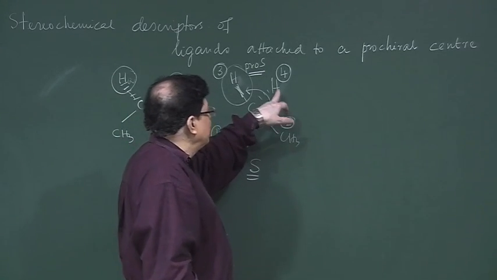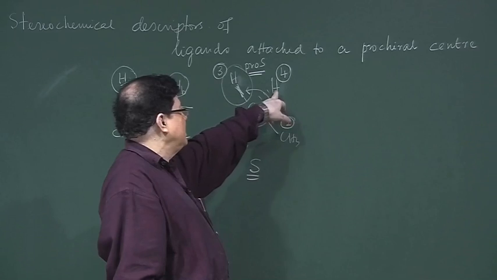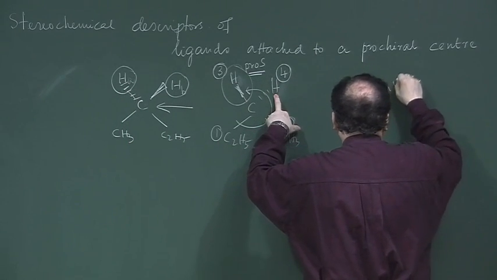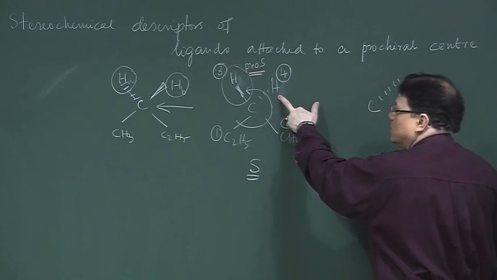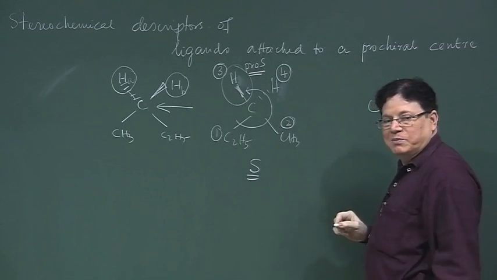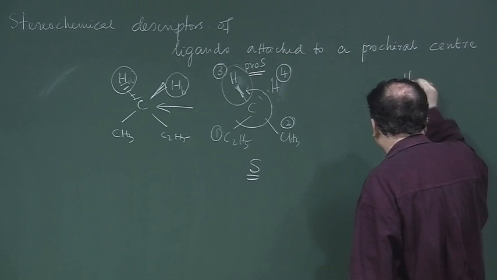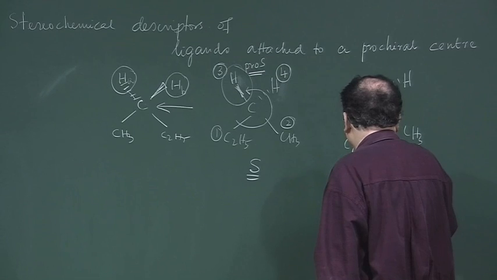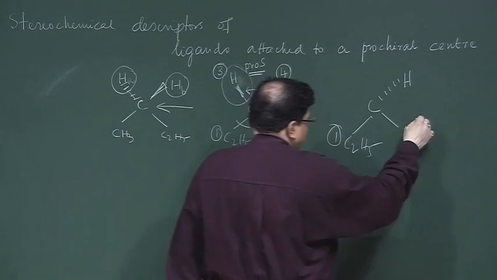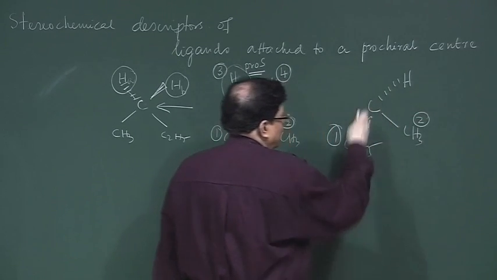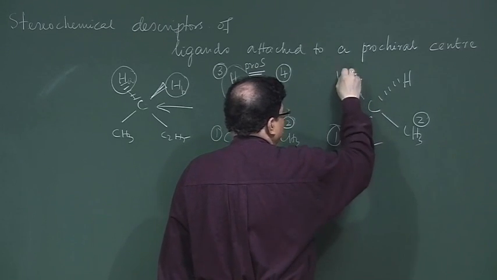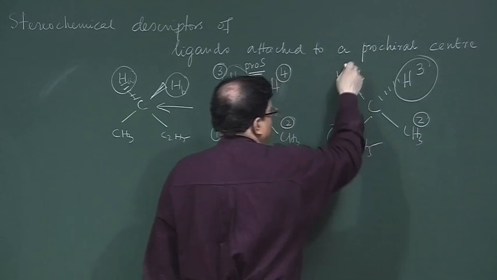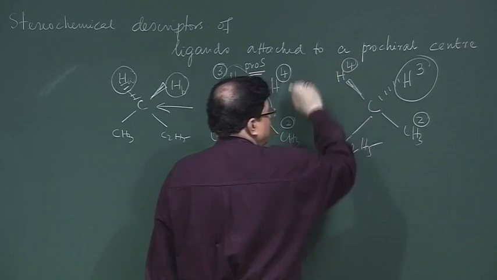For assigning the stereochemical descriptor of this other hydrogen, the priority sequence will change. We have to give higher priority to this hydrogen over the other hydrogen, because we are considering this hydrogen now. So, this remains 1, that remains 2, the only change is this will be 3, because you are now considering this one, and this will become the fourth priority.